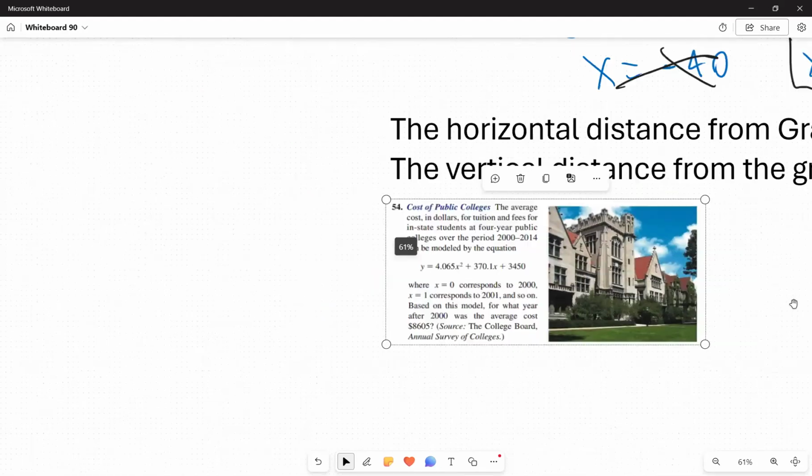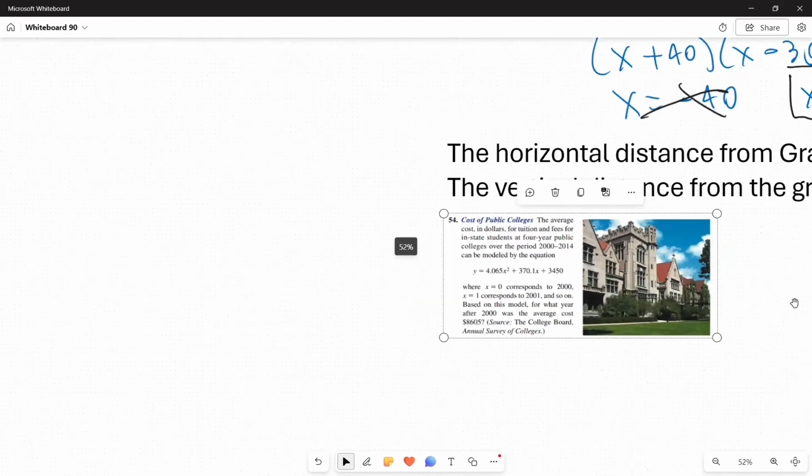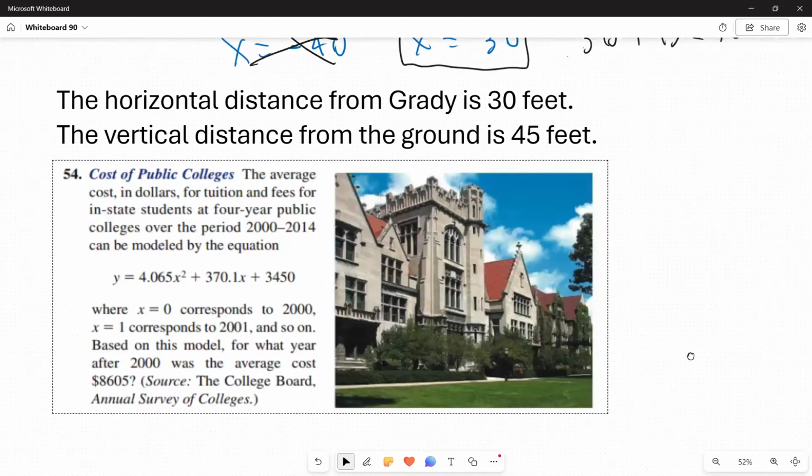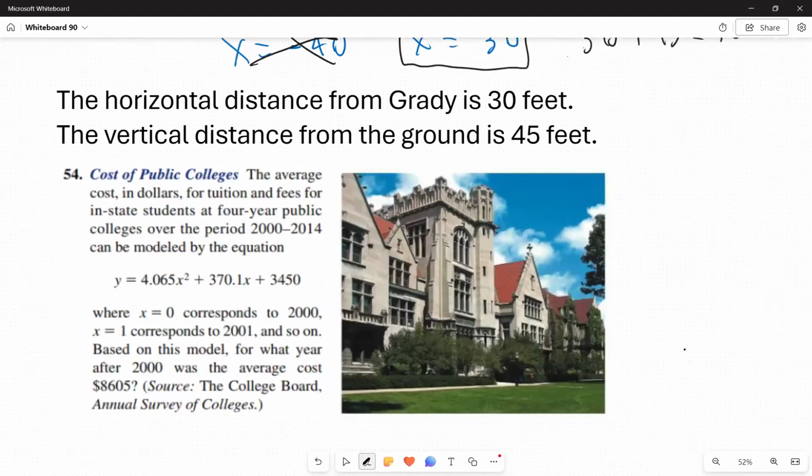So this word problem is on page 134, or CA 134 for that matter.